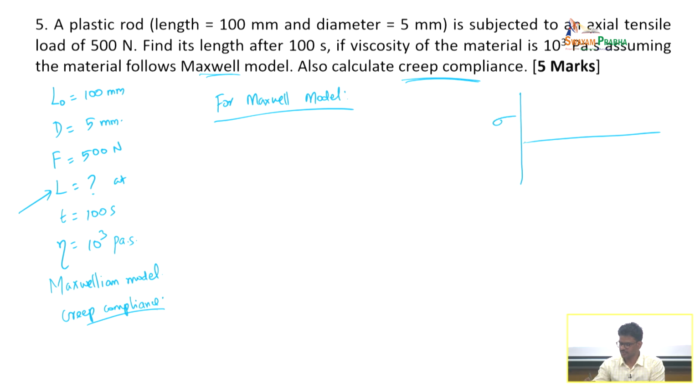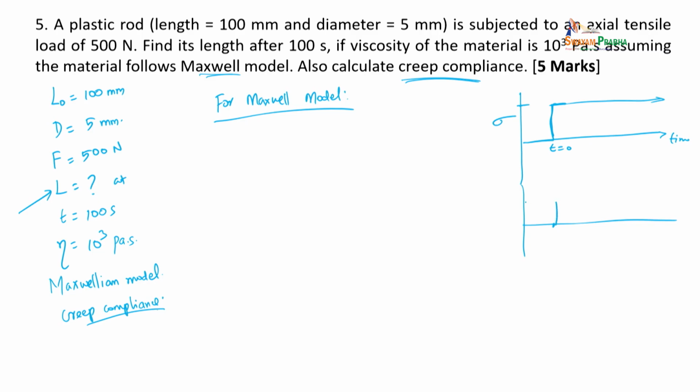If you plot stress, at time t equal to 0 we apply 500 Newton, and then it just maintains over a period of time. Let us say this is t equal to 0, corresponding to a load of 500 Newton. So, what is the response for the strain? How would strain respond here?